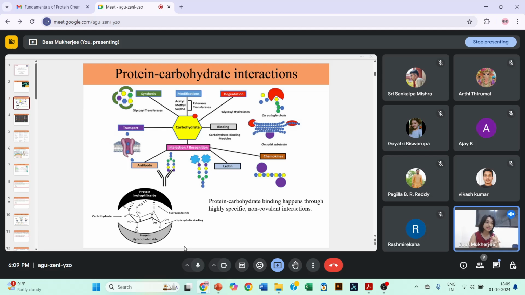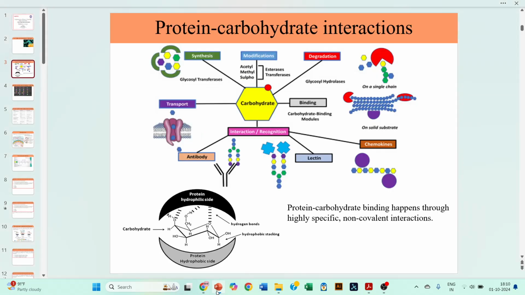So basically it is binding to one stereoisomer and not to another one. There can be high specificity, and it can also bind to a particular group, so general specificity can also be there. And then there are a lot of non-covalent interactions, for example hydrogen bonds, hydrophobic stacking, and other non-covalent interactions. So we'll move on.